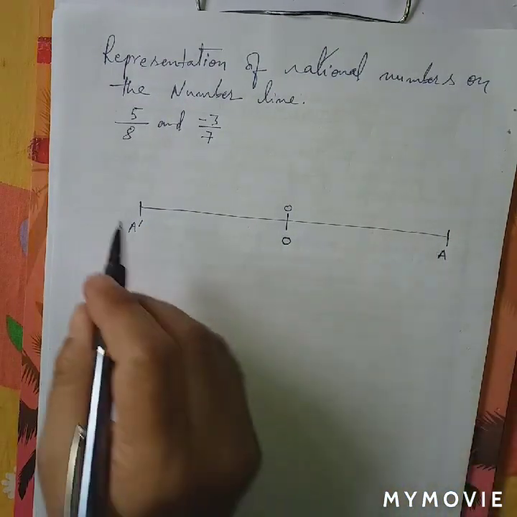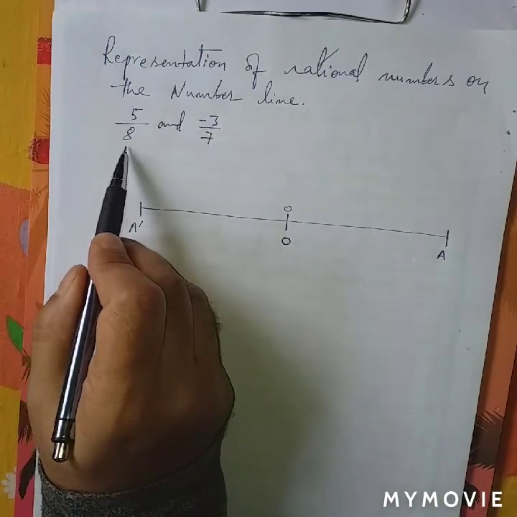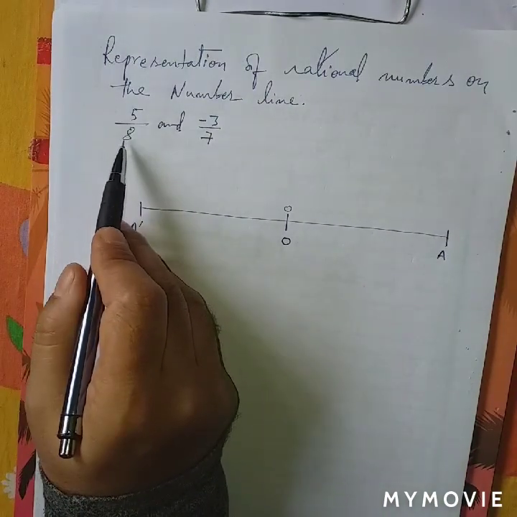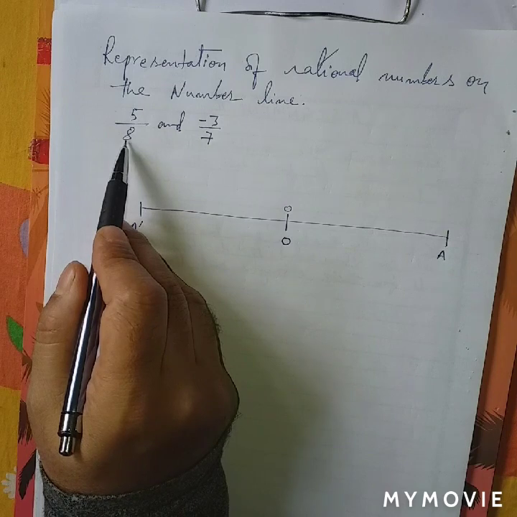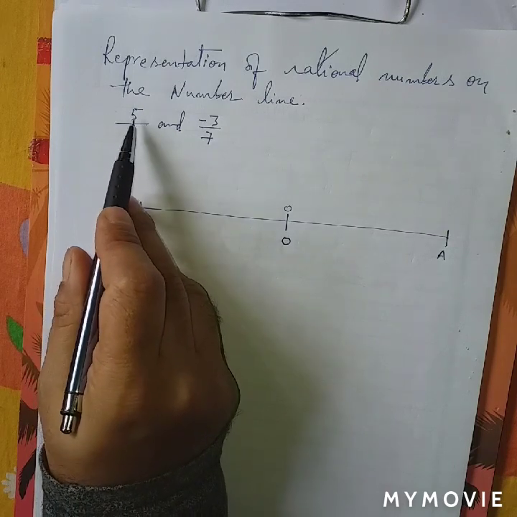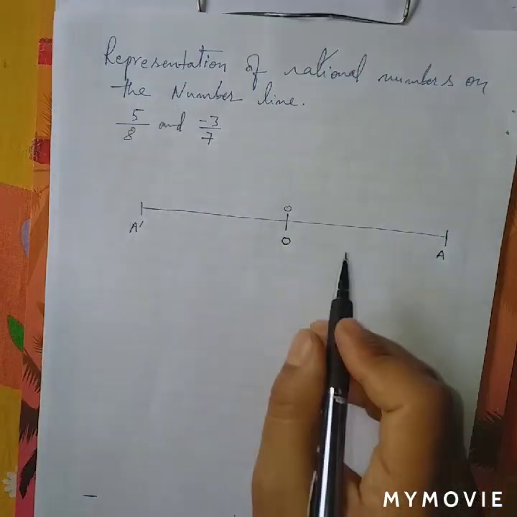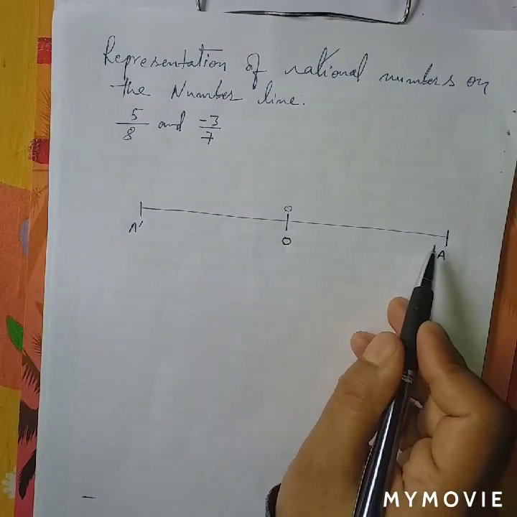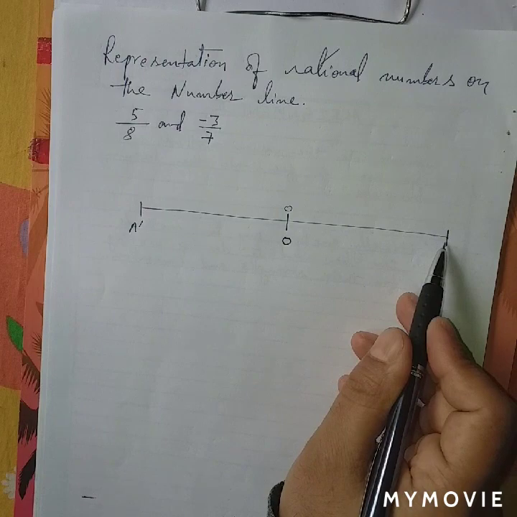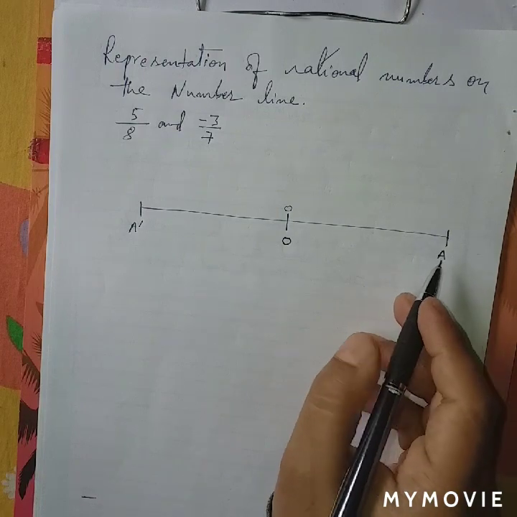So this fraction, if you see, it is 5 out of 8 equal parts, and this is a positive fraction. So we have to divide this into 8 equal parts.